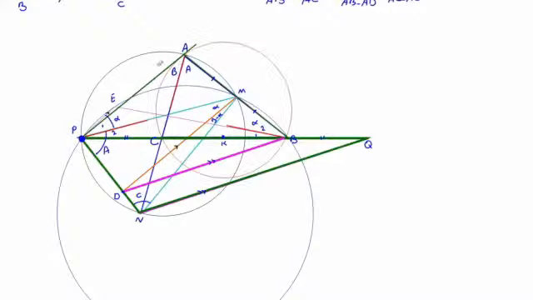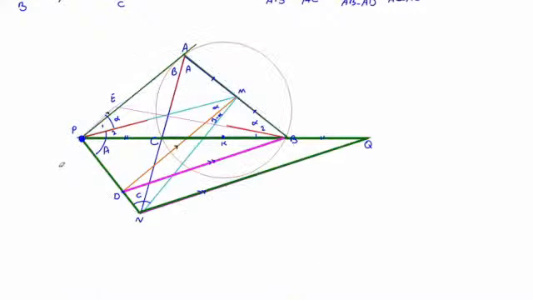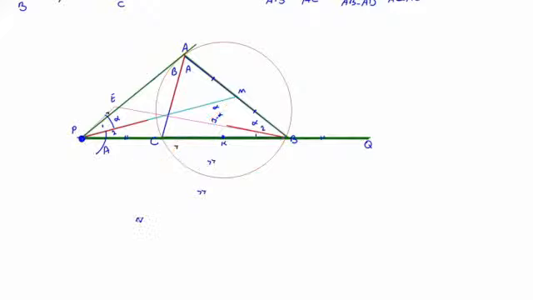We need only this circumcircle. We don't need this. Let's erase all the things that we had. The circumcircle we need. It is the midpoint we need. So let's erase also these parts. It is so useful when you don't need these things to erase them. You can prove it in an easier way.